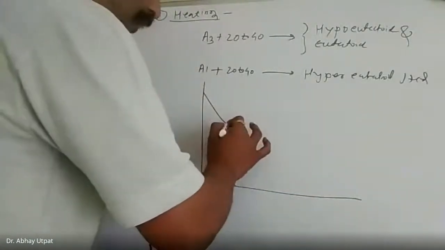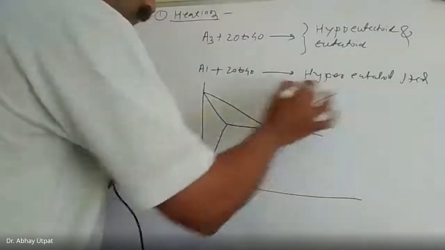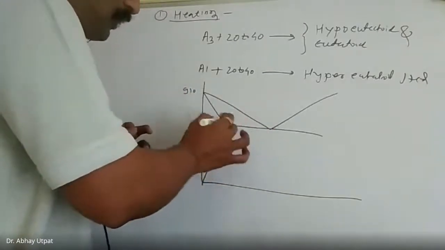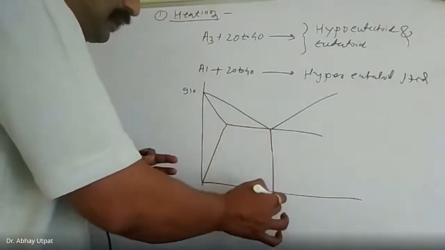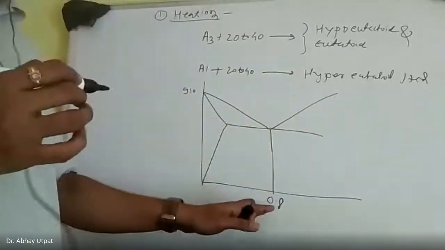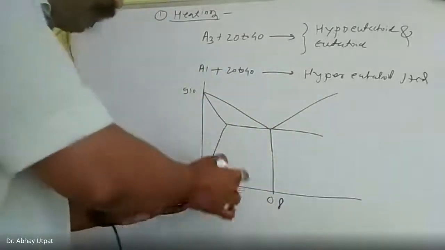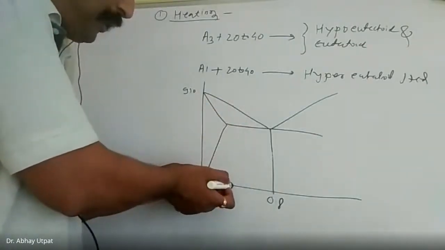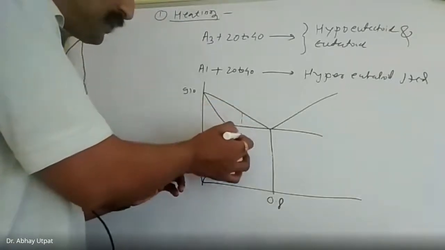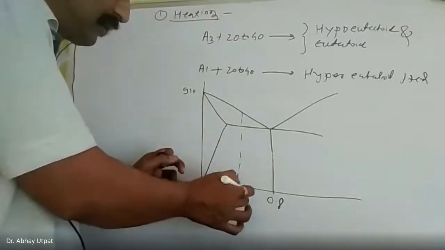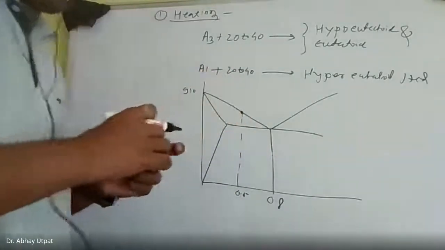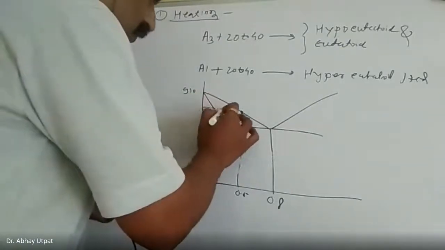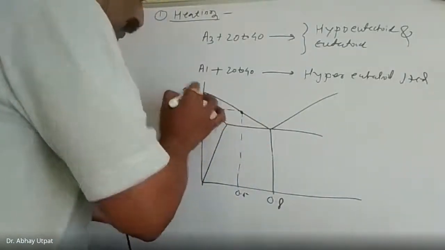This is your eutectoid point. This is 910. This line is the A3 line. If you take any steel whose percentage of carbon is less than 0.8, you have to draw one straight line. It will cut here. Suppose I have taken 0.5%. So the A3 temperature for 0.5% carbon, you have to go to the left hand side, will be around 800.